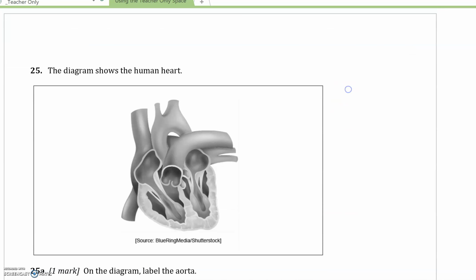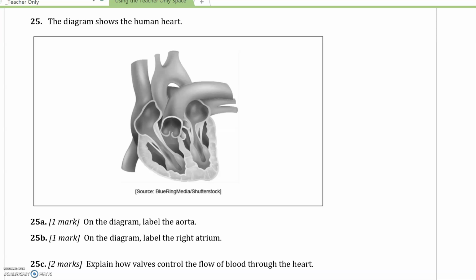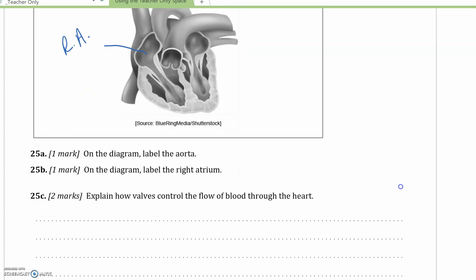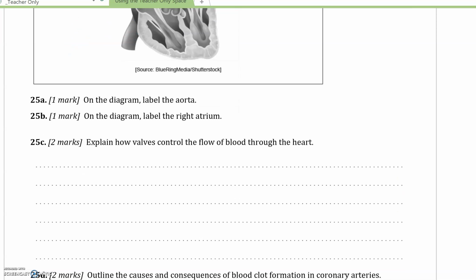Okay, so question 25. On the diagram, label the aorta, so that is here. And then on the diagram, label the right atrium, so that is here. Then for 25c, for 2 marks, explain how valves control the flow of blood through the heart.